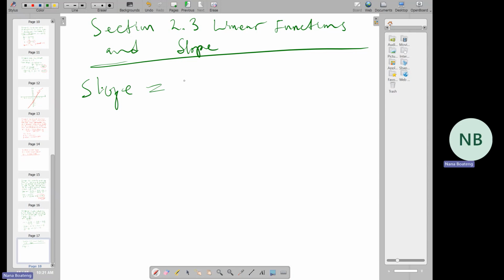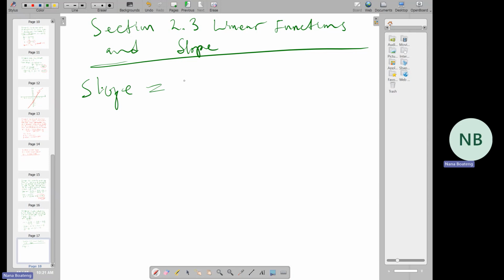This is also described as the rise divided by the run, and it equals y2 minus y1 divided by x2 minus x1, where x2 minus x1 is not equal to 0.